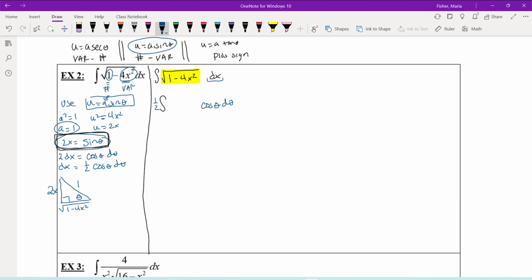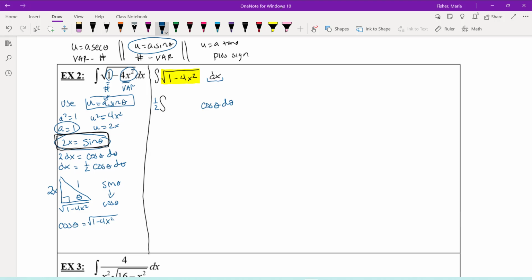And then the missing side is going to be that square root of 1 minus 4x squared, the square root left in the integrand. Now, sine, which is the sub, has a Pythagorean identity that relates to which trig function? Cosine, which means I need to figure out from this triangle what is the cosine of theta. Coming over here, the cosine of theta is adjacent, which is that square root of 1 minus 4x squared over hypotenuse over 1.